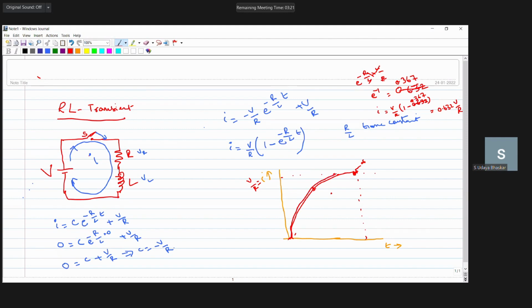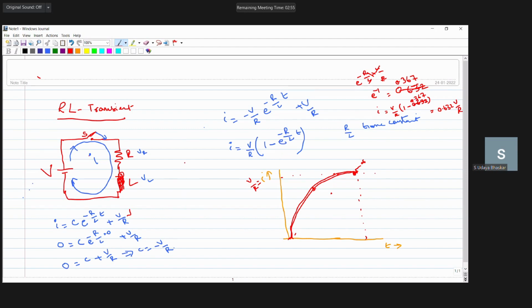Once it comes to this portion, it allows current completely. It will be short circuited, so we have only resistance. That V by R is called the particular integral.